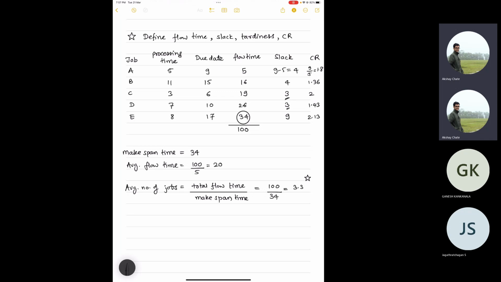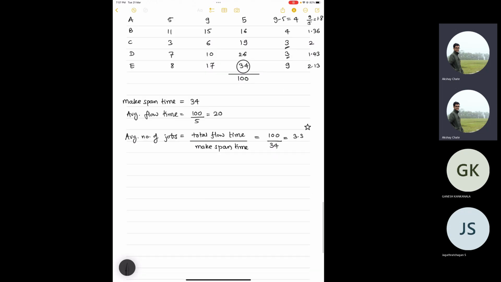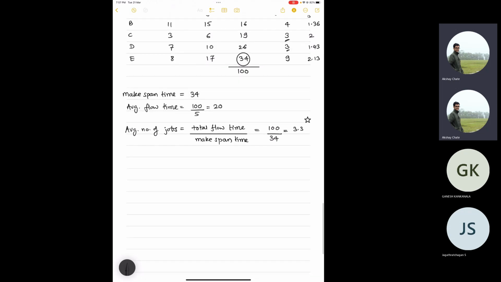Let's take this example. You have a list of jobs.